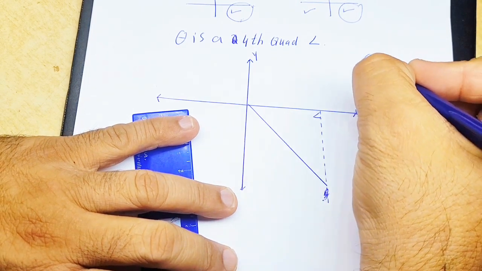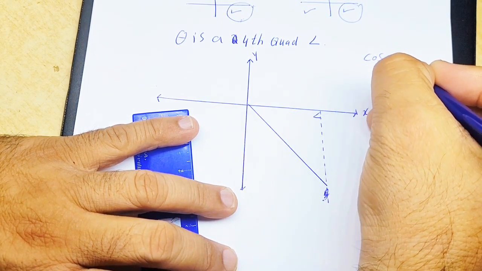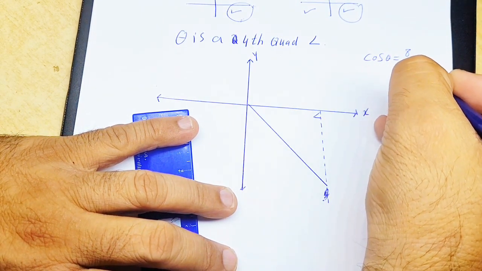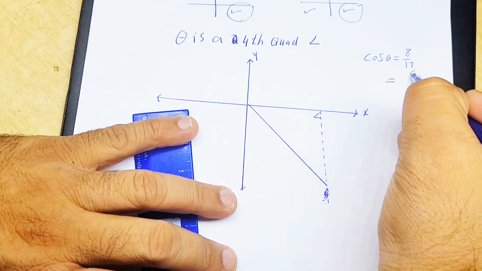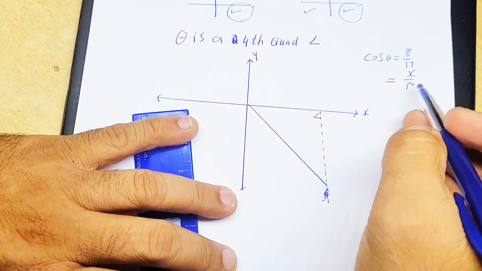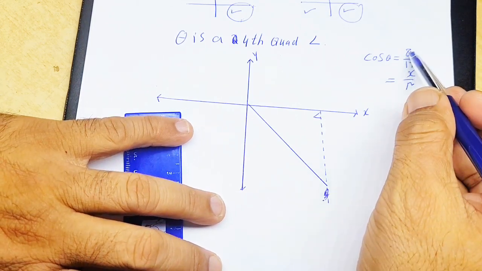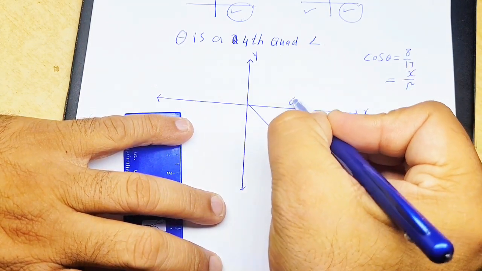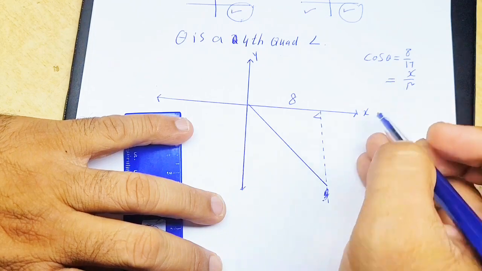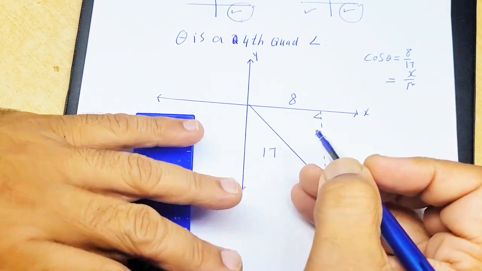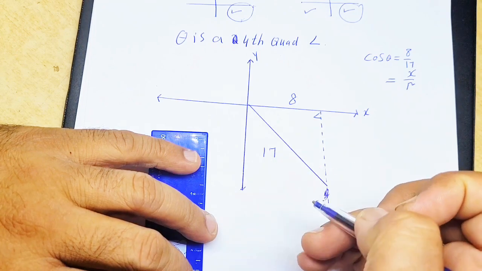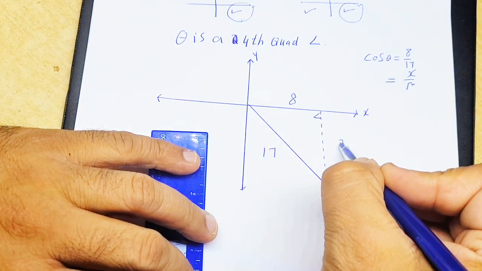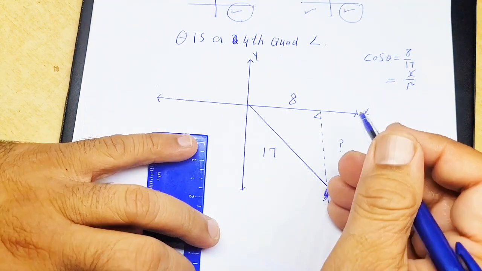Cos theta is equal to 8 over 17, meaning cos has to do with x values, so x over r. The x has been given to you, which is 8, and it must be positive because x in this quad is positive, and the radius I told you is always going to be positive. The r is the radius from the center, and this is our 17. And the y-axis we need to find.